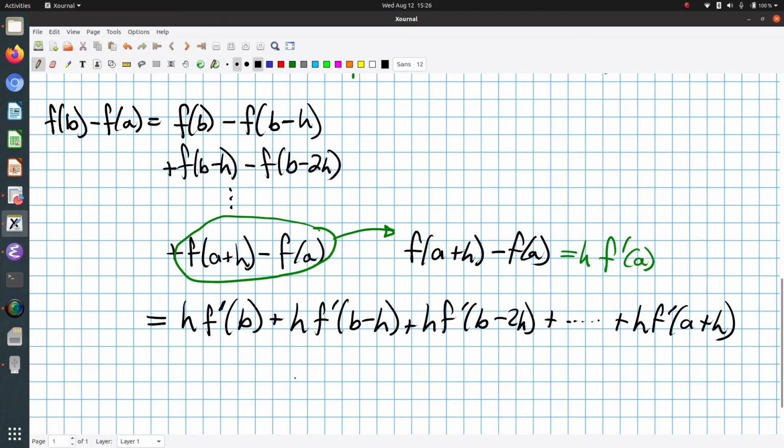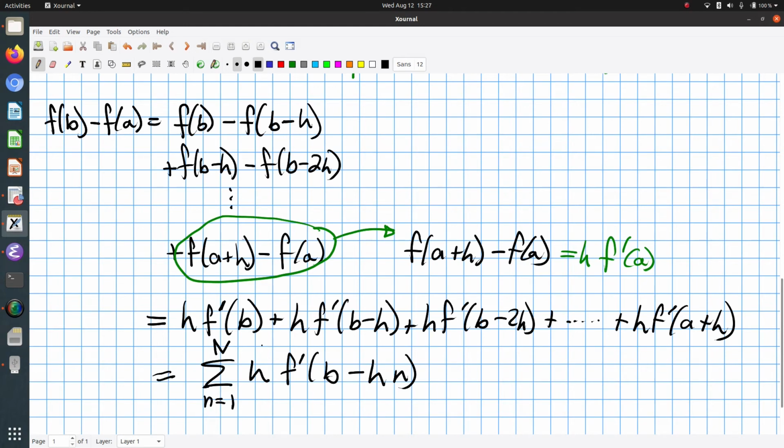And if you look at this for a moment, you realize that I could write it out very nicely in a sum format. This is, in fact, h times f prime of b minus h times n, where n equals 1 to capital N.